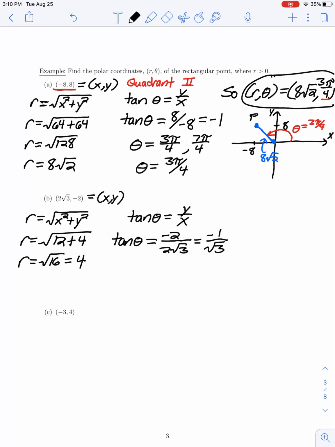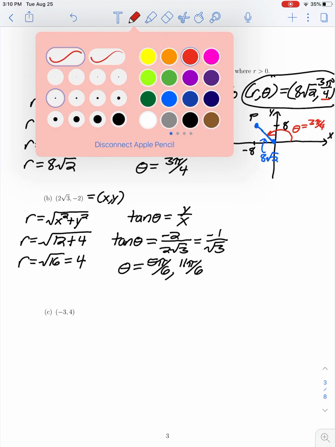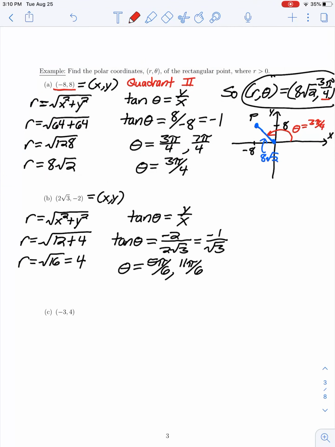So let's think about the angles theta such that tangent of theta is -1 over root 3. Those angles would be 5 pi over 6, or 11 pi over 6. And the question is, which of these angles do we want to represent our point? To answer that, we have to think about what quadrant our point lies in.